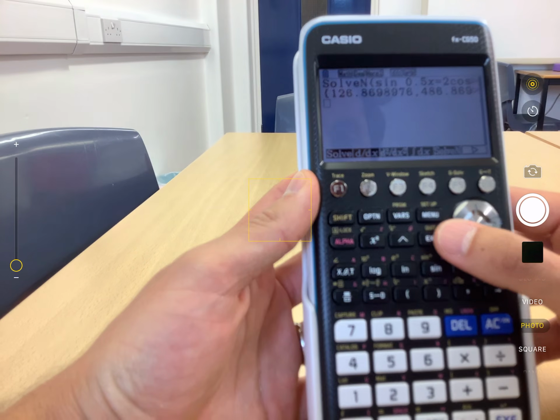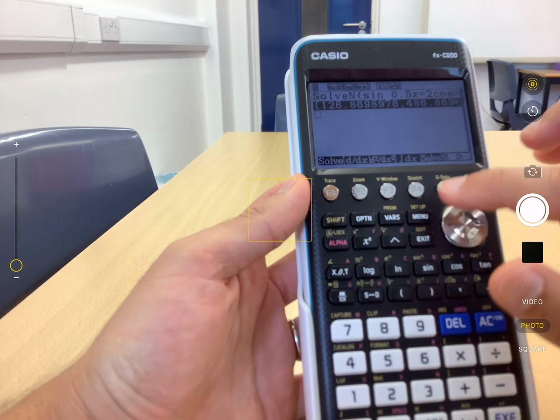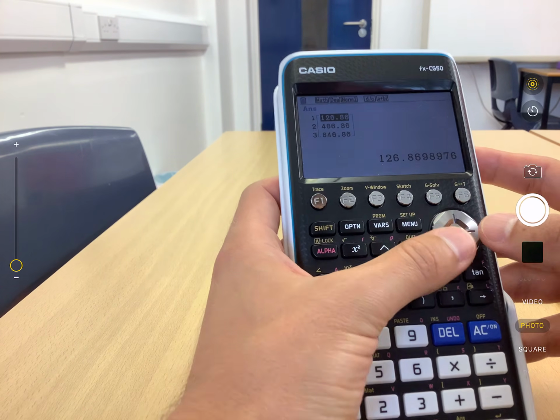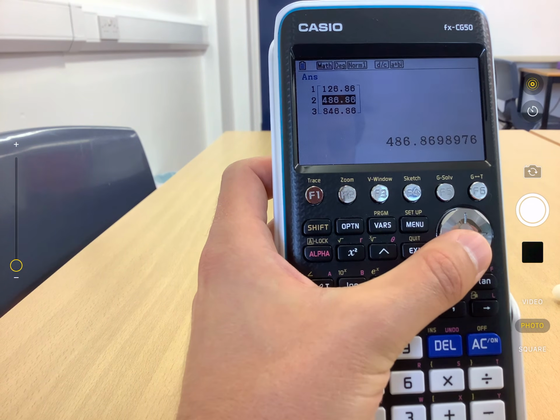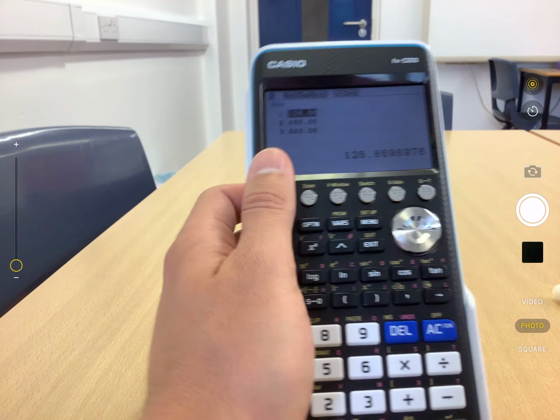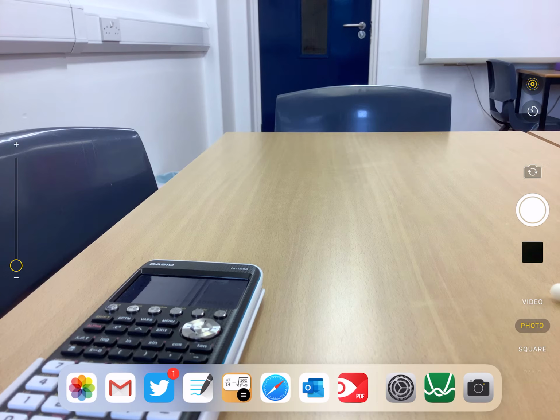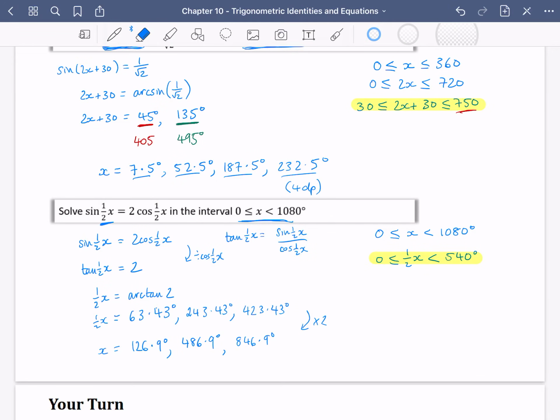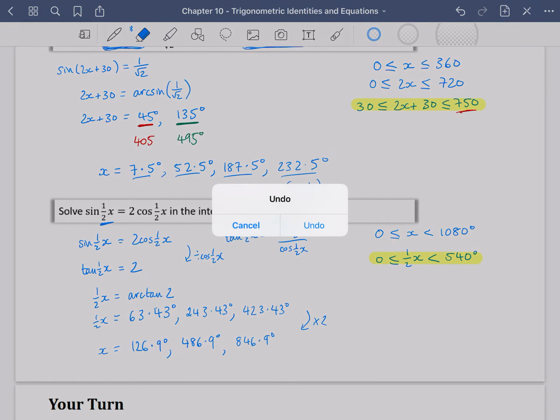Many solutions may exist, so let's have a look at these on the calculator. We've got 126.9, 486.9, and 846.9. We've got those three solutions that have come from the calculator there. So very good. We know we've got this correct. 1, 2, 3.